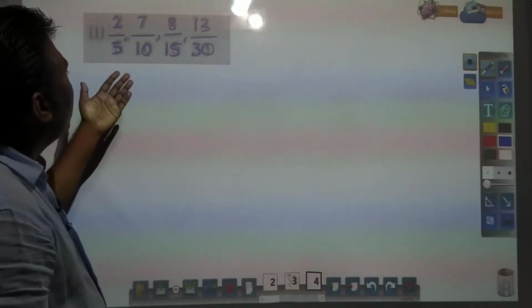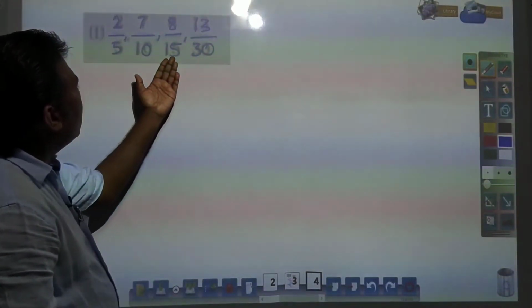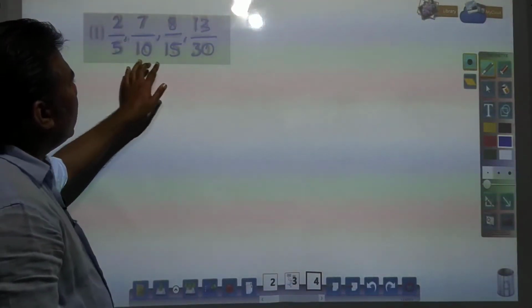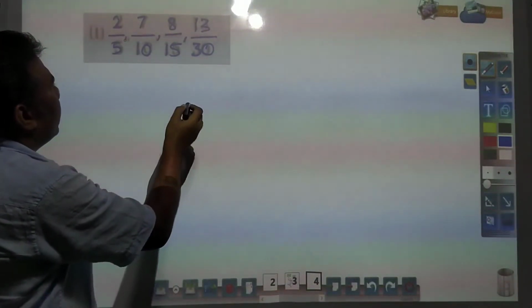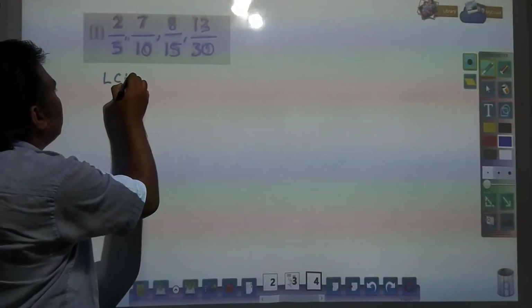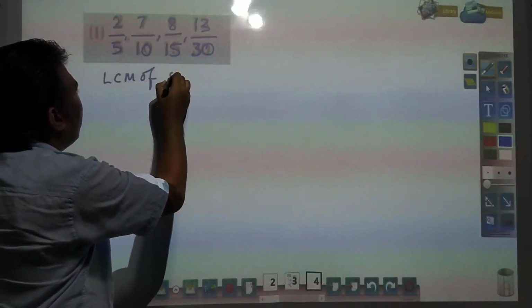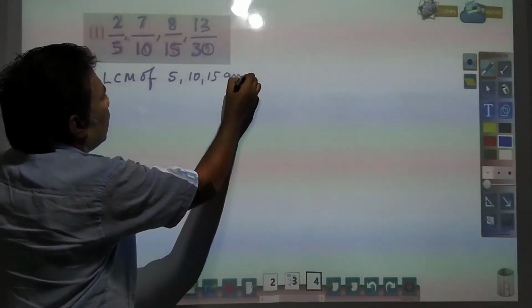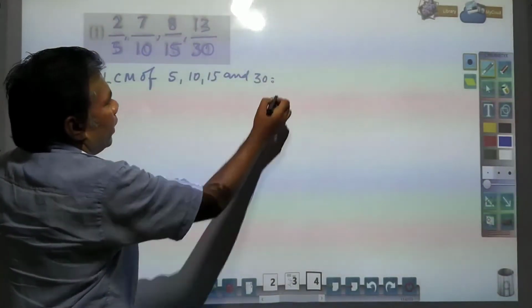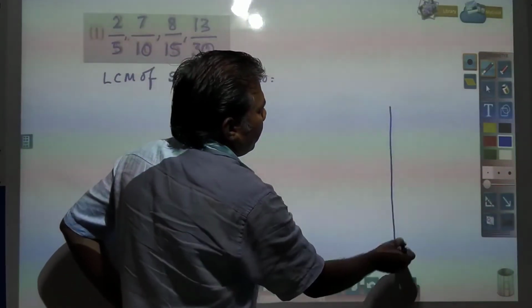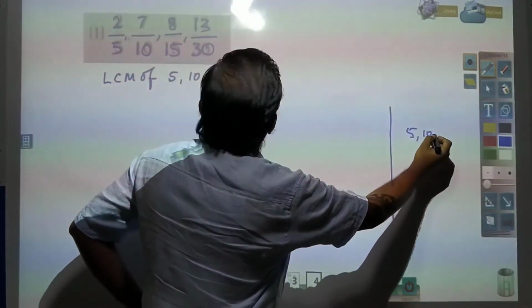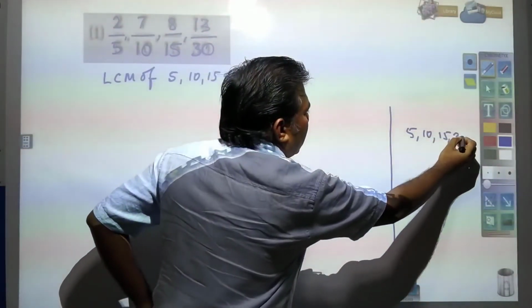First of all, we need to see all the denominators must be positive. So already we have that. Now we need to find out the LCM of 5, 10, 15 and 30. So here you see, 5, 10, 15 and 30.